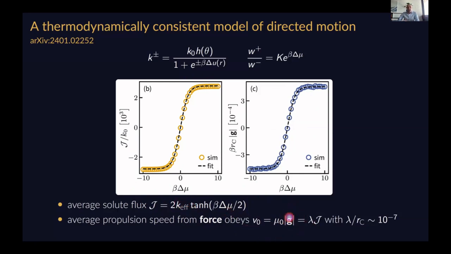And also for the speed, you find that this is proportional to this solute flux, as you would expect. There's a proportionality factor, lambda, that you can determine from these simulations. For the specific potentials that we've chosen here, you find, for example, that this is on the order of 10 to the minus 7 times the radius of the colloidal particle.